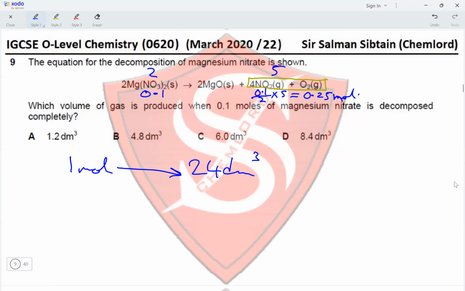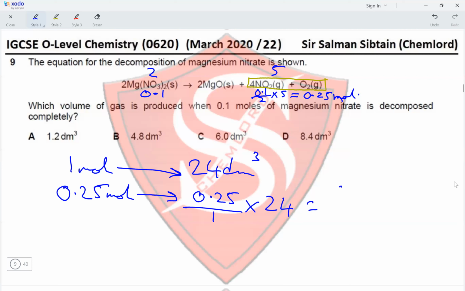So the moles of gases produced would be 0.25 mole. So this would have a volume of 0.25 upon 1 into 24, which will give us 6 dm cubed. This makes option C the correct option for this question.